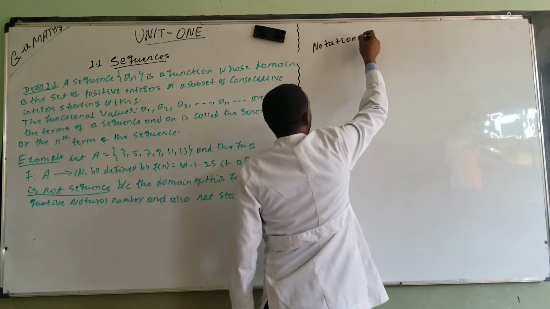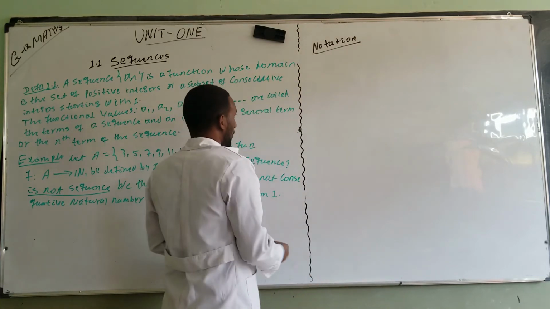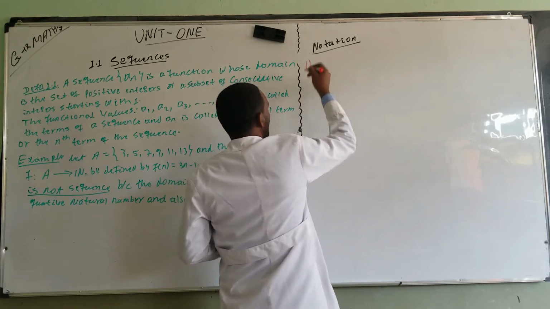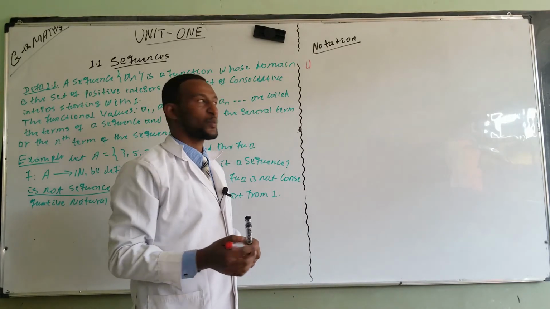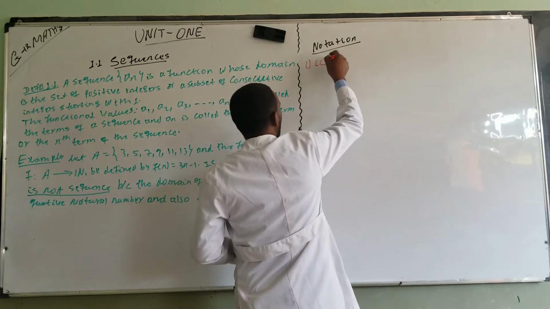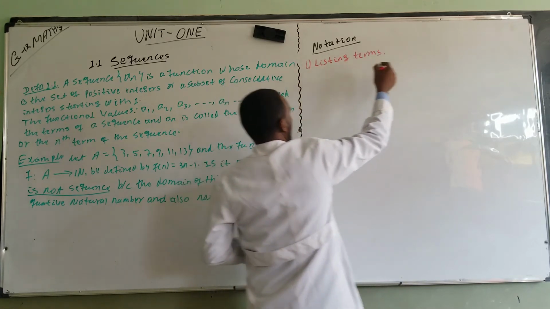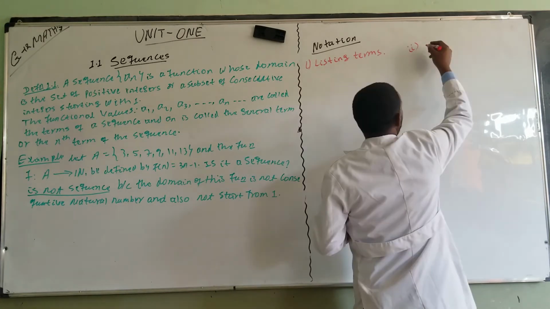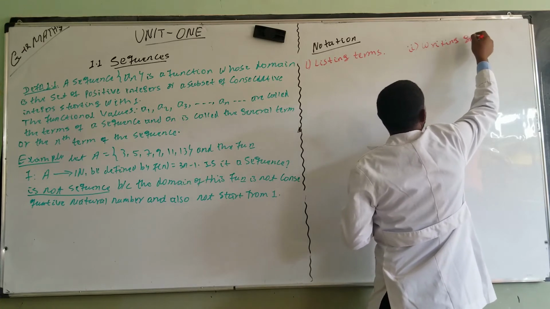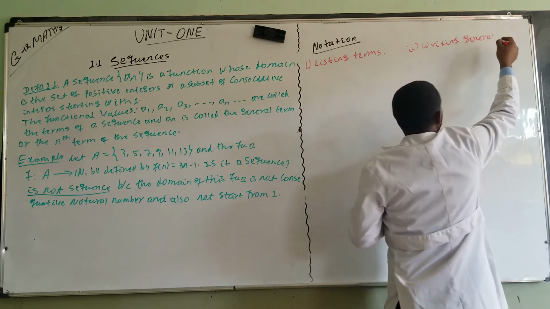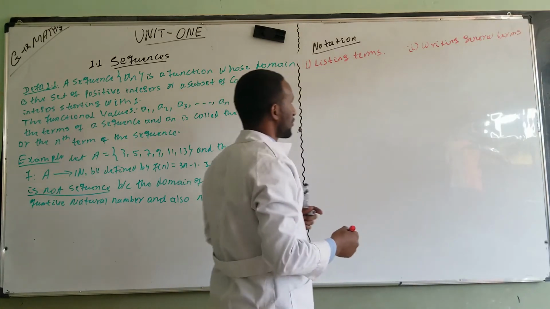Notation of sequence. When we see the notation of sequence, we can express or describe the sequence by listing terms. Then we can also express it by writing general terms.